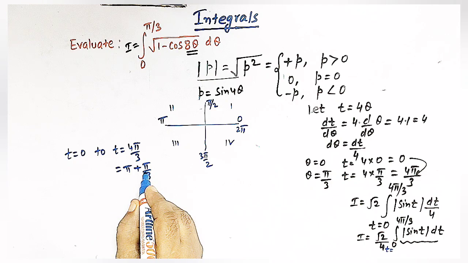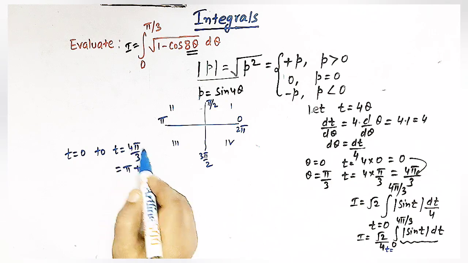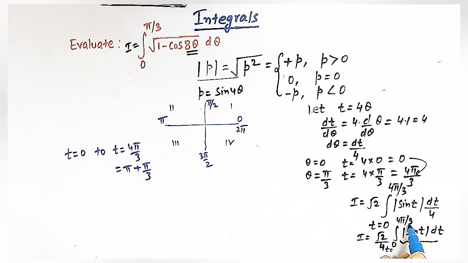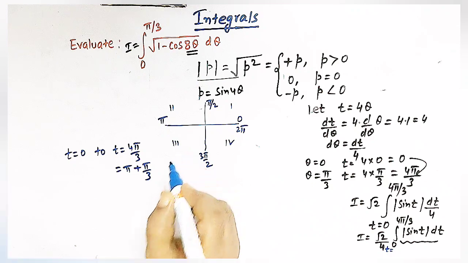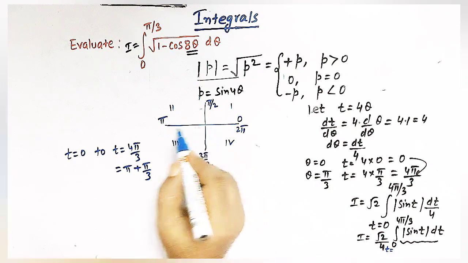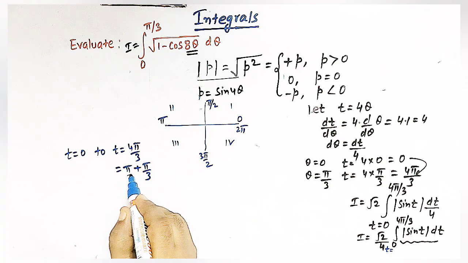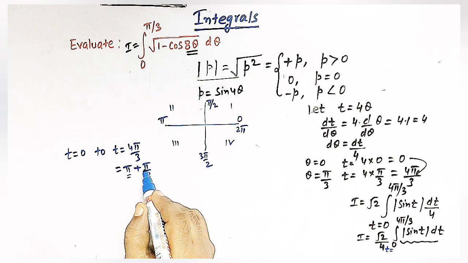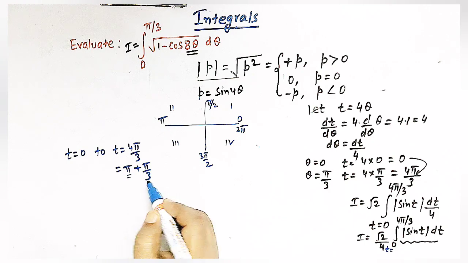So it implies that this upper limit, that is 4 pi by 3, falls in the third quadrant, because here we have pi, and we have an additional angle that is pi by 3, right?